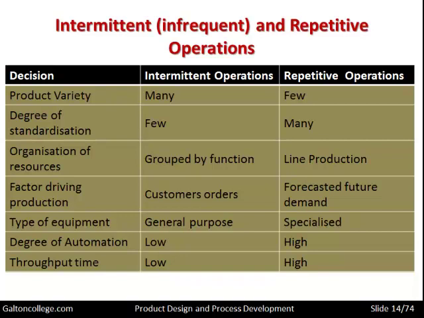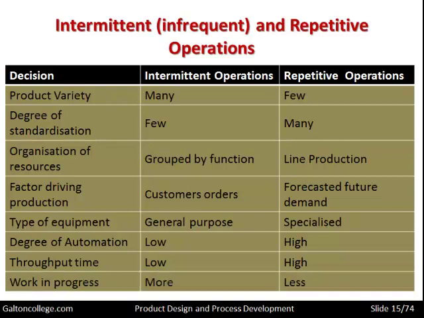With repetitive operations, the machines are dedicated to its production. It may be a line production where raw materials are entered at one end and the finished product comes off at the other end, and the product is moving continuously down the line. So there's a high degree of throughput with repetitive operations.